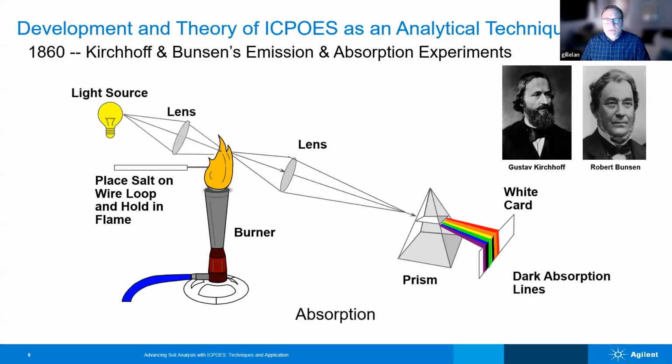The absorption experiment was just like we mentioned: a continuous light source shined through that flame, and then was focused through a prism, and you could see the dark lines where the material had absorbed some of the continuous light source.